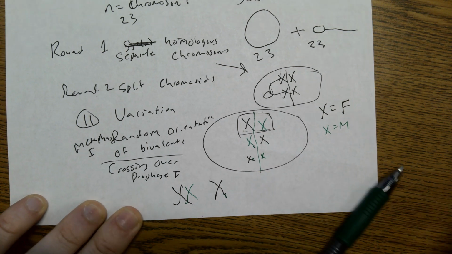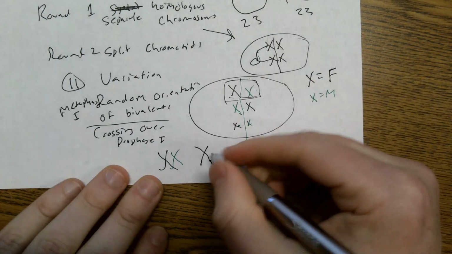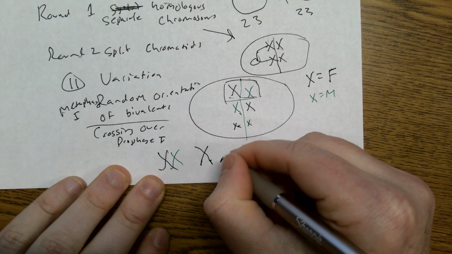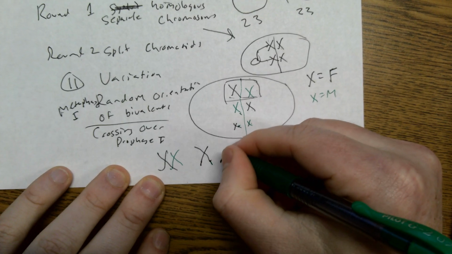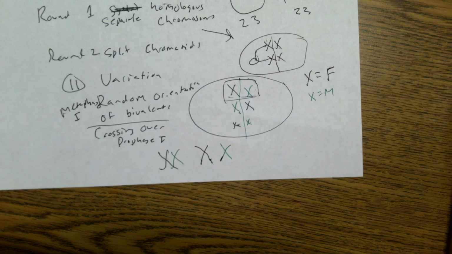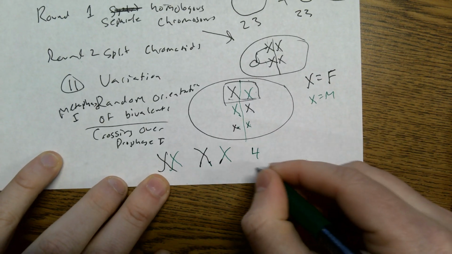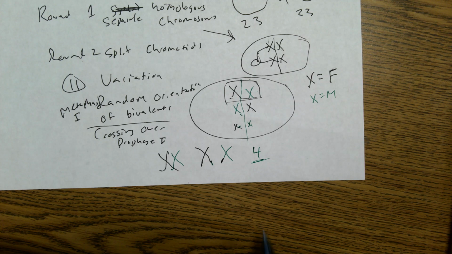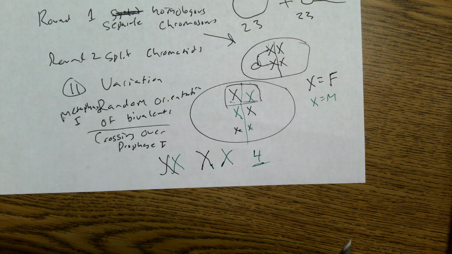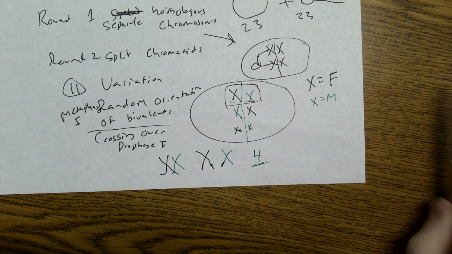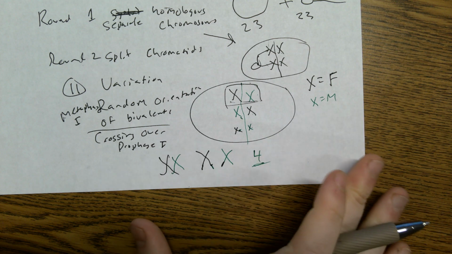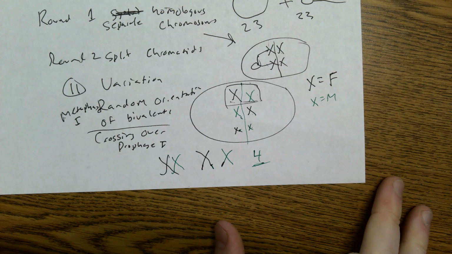So this one now has a little bit of each on it, and you can see that it is going to give us 4 unique chromatids. So crossing over gives us 4 unique chromatids. Without crossing over, you would only have 2 unique chromatids. And so it allows even more variation. So random orientation and crossing over both give us lots of new combinations of alleles. It's all about changing combinations of alleles. You're not really doing mutations here, you're doing new combinations of alleles.